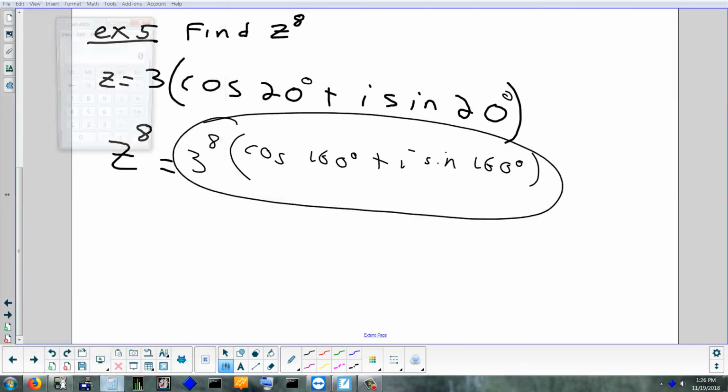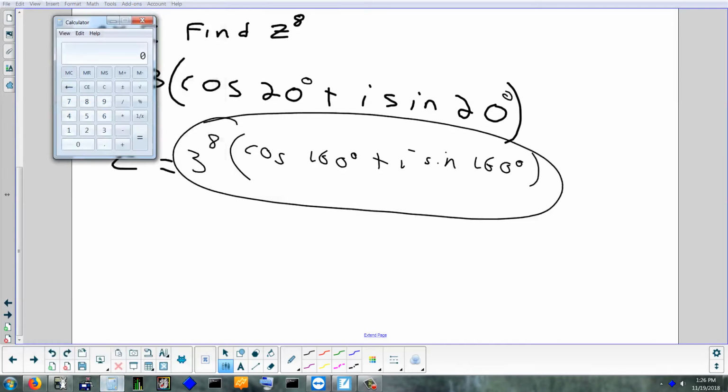Now, one thing that could have happened is, let's say we raise this to the 50th power. Well, 3 to the 50th, you definitely leave it. That'd be huge. But your angle would have been 20 times 50. That's a big angle. That's a 1,000-degree angle. What can you subtract to make an angle smaller if you have to? Yeah, 360.